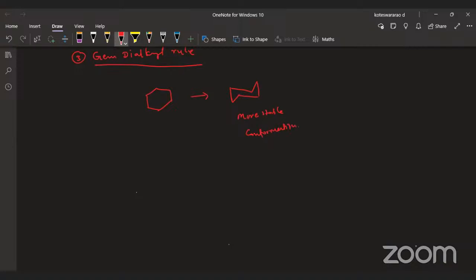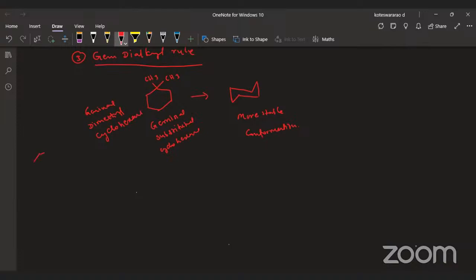When this same cyclohexane is attached with two methyl groups on the same carbon, it is known as geminal substituted cyclohexane, also called geminal dialkyl cyclohexane, for example geminal dimethyl cyclohexane.